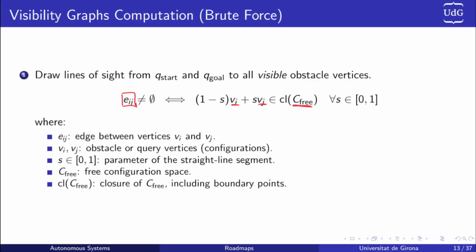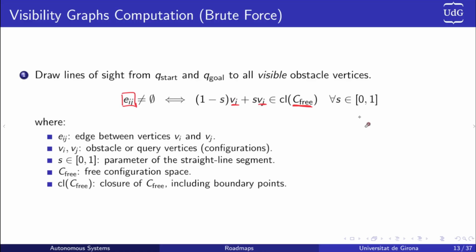Here, the way to do that basically is that s moves from 0 to 1, okay? When s is 0, we have 1 minus 0, it's 1, times bi, then we are just in position bi, plus s, that is 0, times bj, then we are at bi. When s is 1, we have 1 minus 1 is 0, then this is 0, we don't count it, plus 1 times bj, then we are at bj.